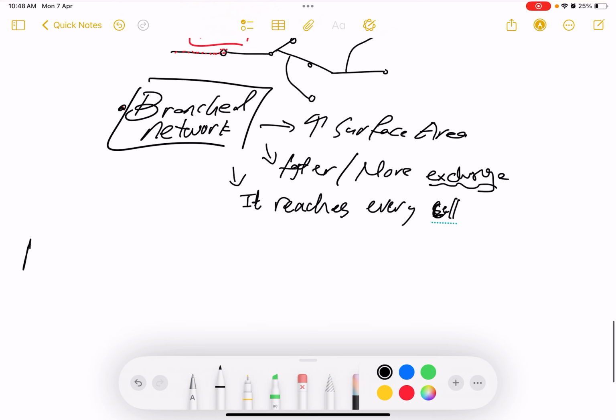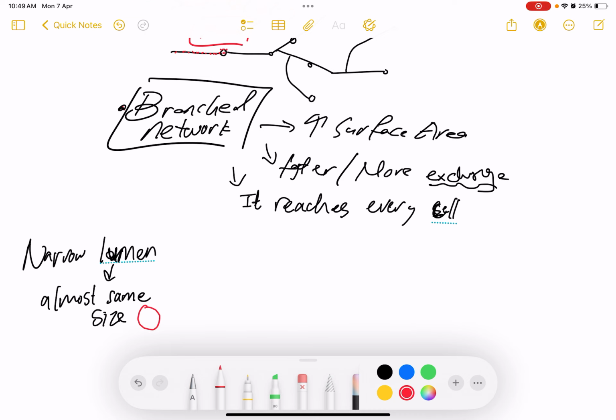I have a narrow lumen. We can say that this lumen is almost the same size of the red blood cell. Why? For blood to move slowly.